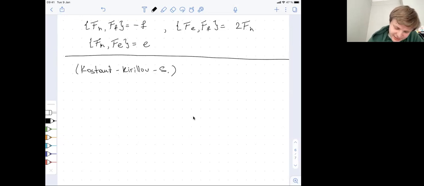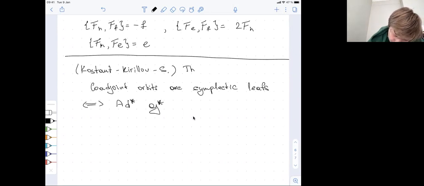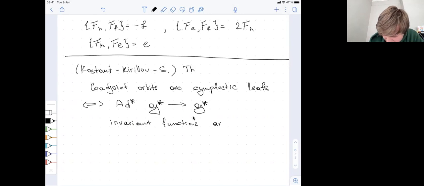The theorem states that coadjoint orbits are symplectic leaves, which actually means the following: if you take the coadjoint action on G star, then invariant functions are Casimirs.